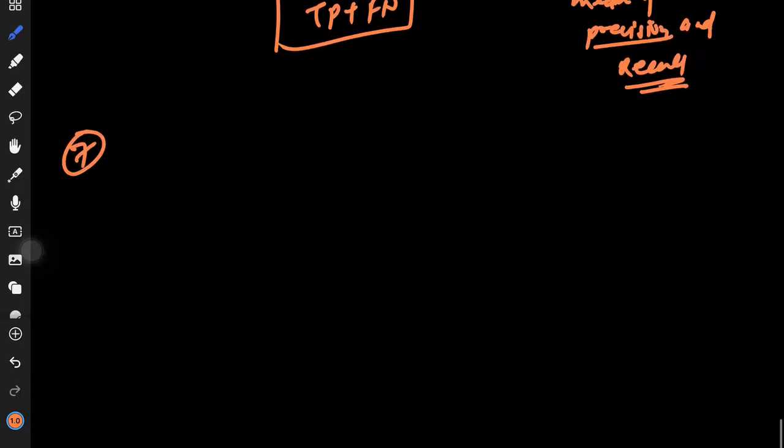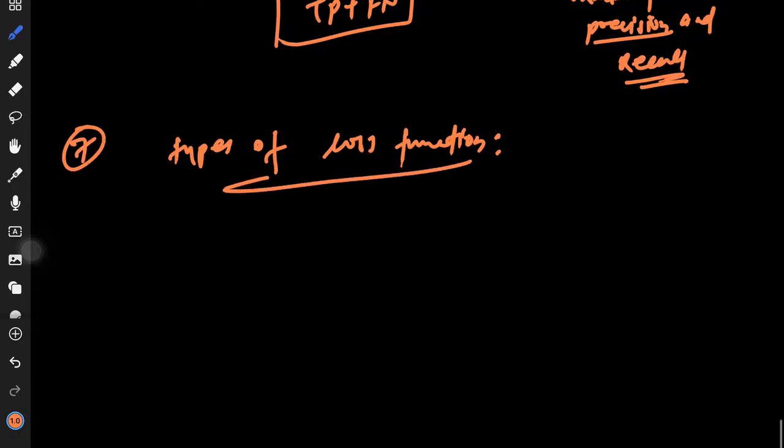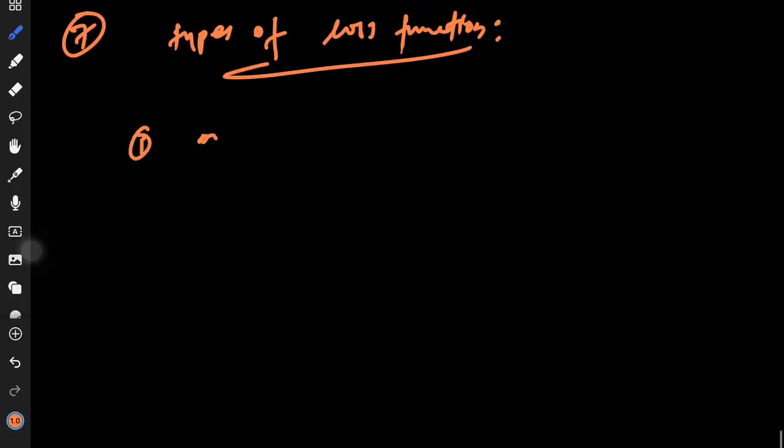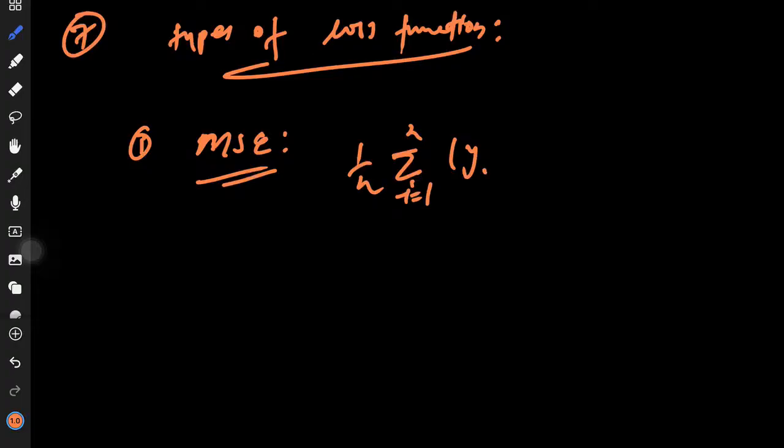The seventh question they can ask is, what are types of loss functions? There are various types of loss functions we can use. The first loss function we can use is MSE, which is mean squared error. The formula of MSE is 1 by n, basically we are taking averages, then y real minus y predicted, squared.